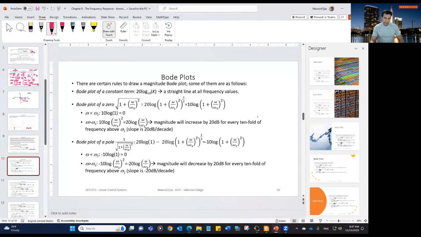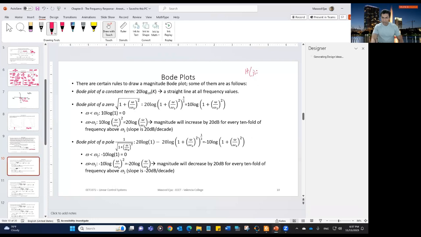Let's say you have a transfer function H(j omega) equal to 32 over 1 plus j omega over 100 over 1 plus j omega over 2000, whatever the transfer function is given to you, 1 plus j omega over 5000, let's say.